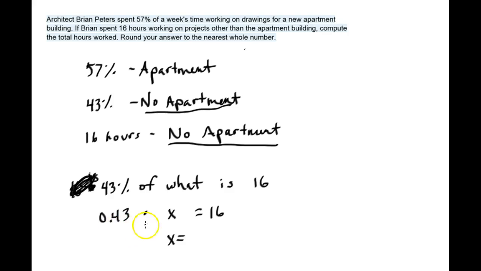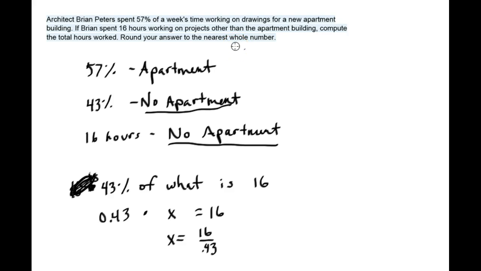And so if we wanted to find x, we would divide by 0.43. And this 16 divided by 0.43, I'm going to pull up my calculator here. It's 37.2, but it says round your answer to the nearest whole number.